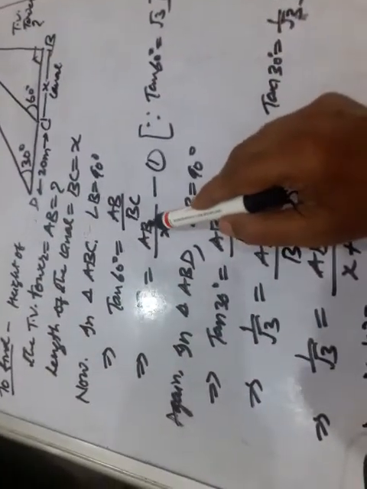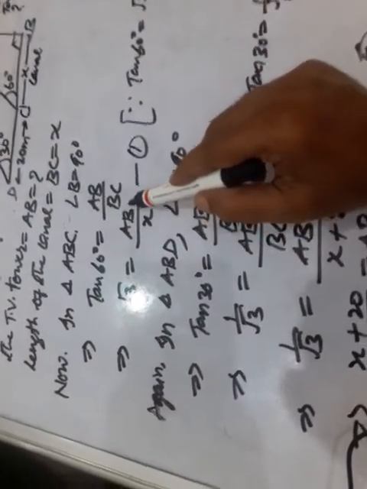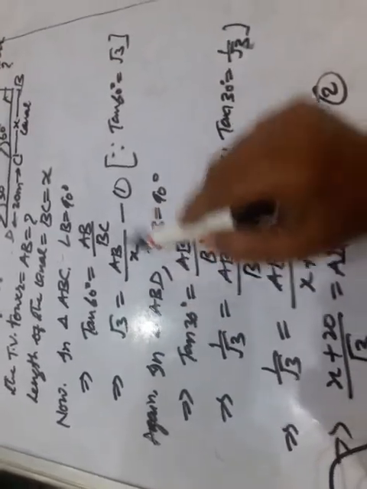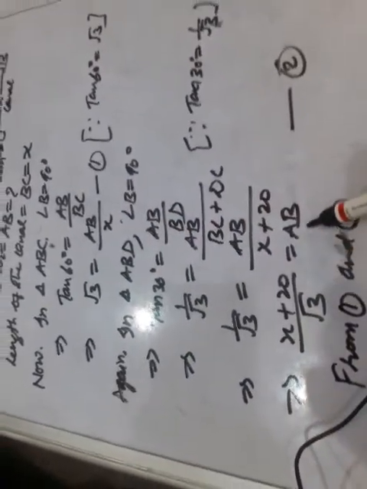From 1 we have taken AB equal to root 3x, and in 2, in place of AB we have written x plus 20 upon root 3.